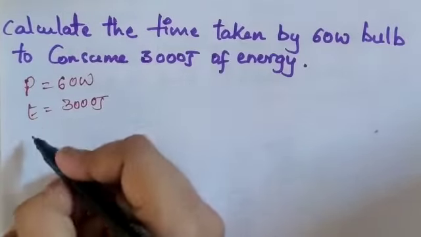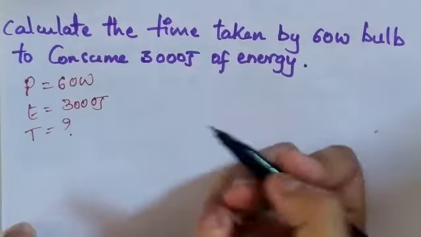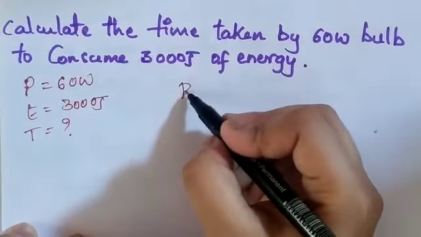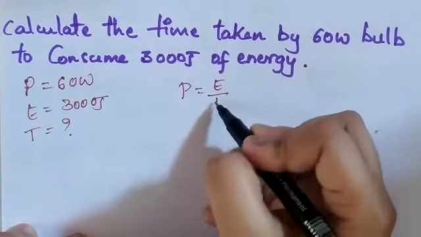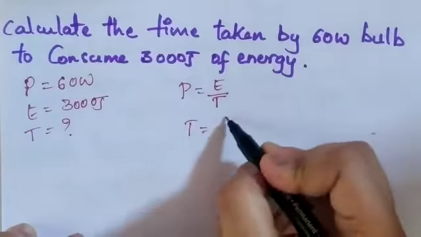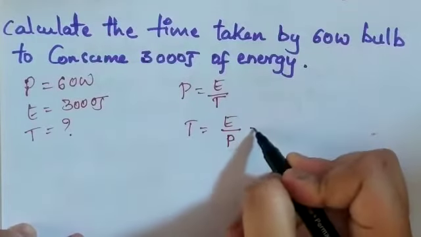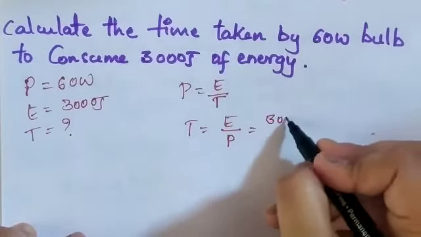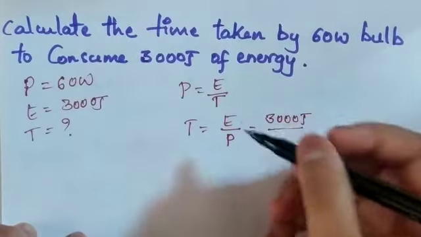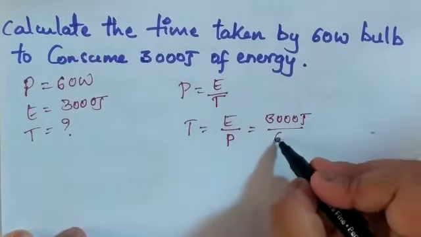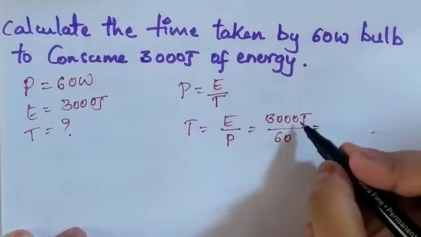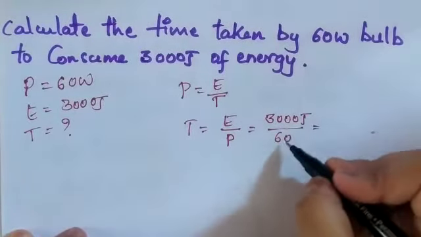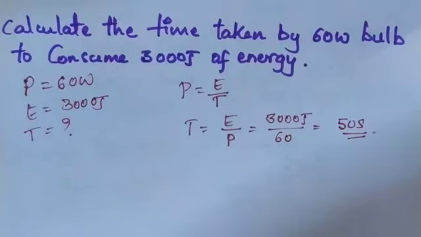You know the formula, power is equal to energy by time, so time is equal to energy divided by power. That is 3000 joule divided by 60, so you will get 50 seconds. So the time taken by that bulb to consume this energy is 50 seconds.